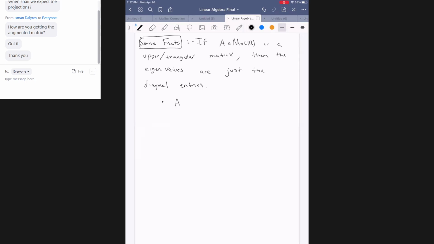So if A is an n by n matrix... hold on, give me a second. The book definitely doesn't mention this, so maybe I should put something about it. So the determinant is out here, the trace is here. Okay, I guess I have to mention some stuff first then.